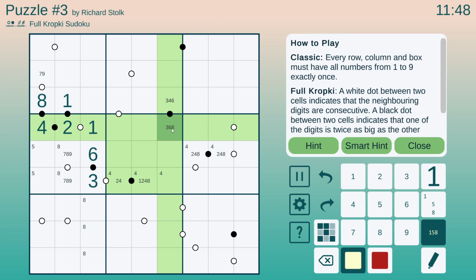Wow, this is a really tricky one. Or maybe I'm just not seeing the break-in again. If I could figure out what this is, it would help me ascertain what this is. Because if this was a 3-6, this would have to be a 1, 2, 4, 8 in some order. But even that is still pretty open.